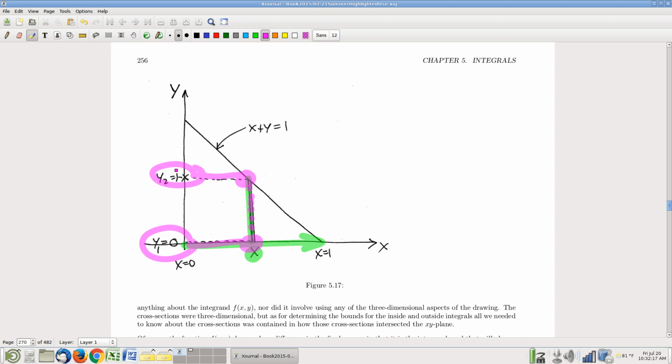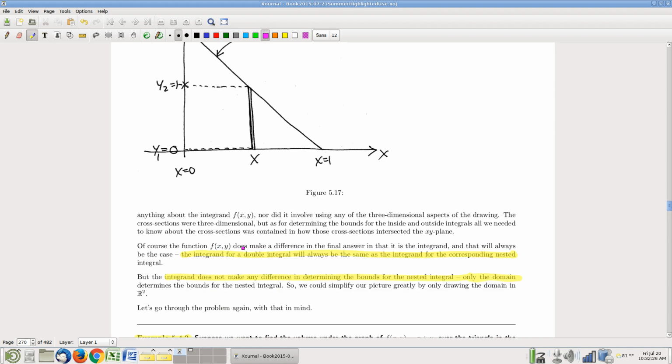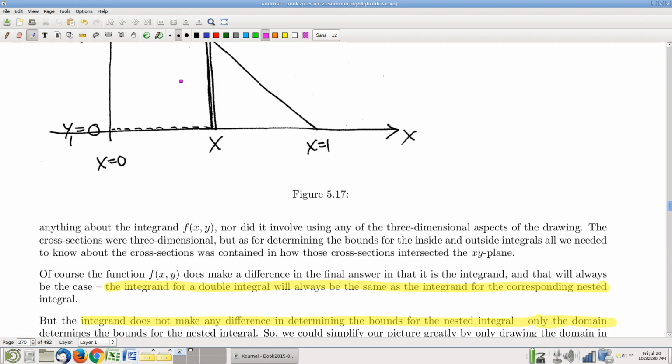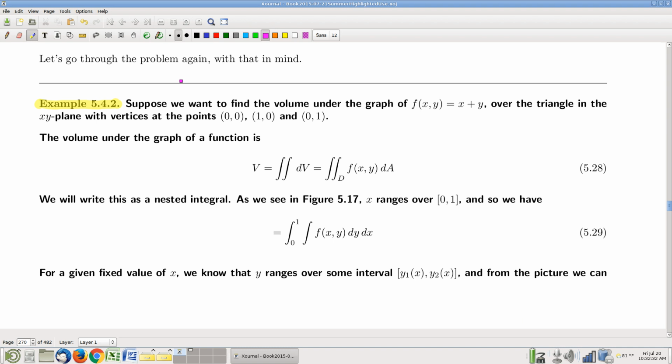Much easier picture. Is everybody happy with this? Okay. All right, so this is the point of view that I'm going to be using as much as I can. Again, sometimes unavoidably I'm going to have to draw a picture depending on how the question's phrased. But let's avoid it if we possibly can.